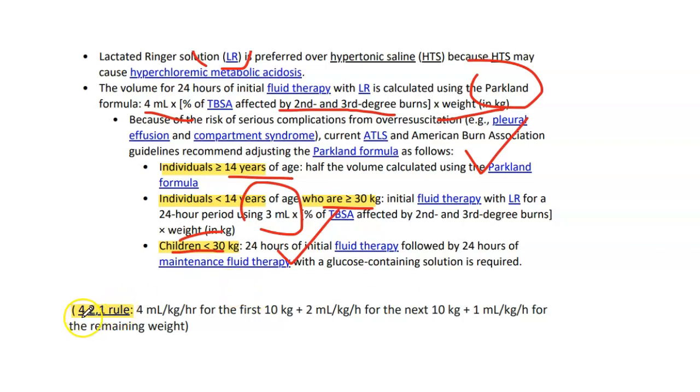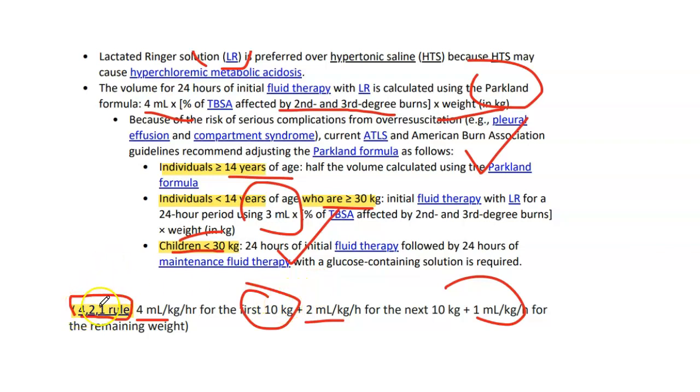Maintenance fluid is calculated by the rule known as the rule of 4, 2 and 1. For the first 10 kg we multiply by 4, for the next 10 kg we multiply by 2, and for the remaining weight we multiply by 1 ml. For example, for a patient weighing 30 kg, for the first 10 kg we multiply 10 by 4, which gives 40 ml.